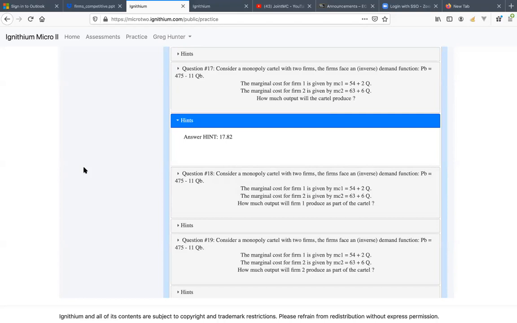Oh, okay. Yeah, and you could remember that, or you could remember that total revenue is price times quantity, and the derivative of the total revenue function is the marginal revenue function, but it would give you the same formula. Oh, okay. All right. Thank you.